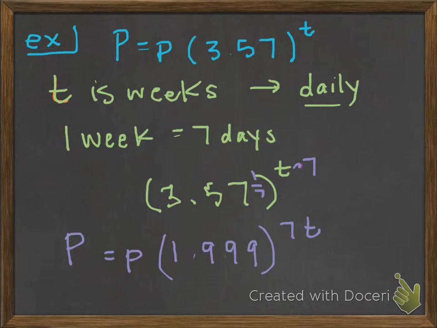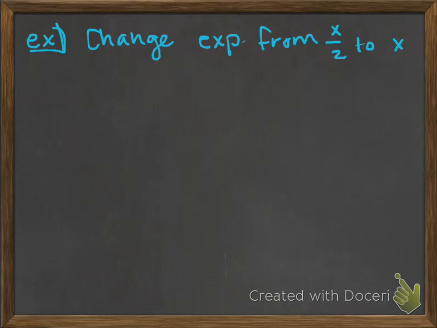Now we're going to skip down to the last example on that page. At the bottom of the page, the directions say change the exponent from x over 2 to 2x. So again, we're going to rewrite it as 2 to the first, raised to the x over 2 power.